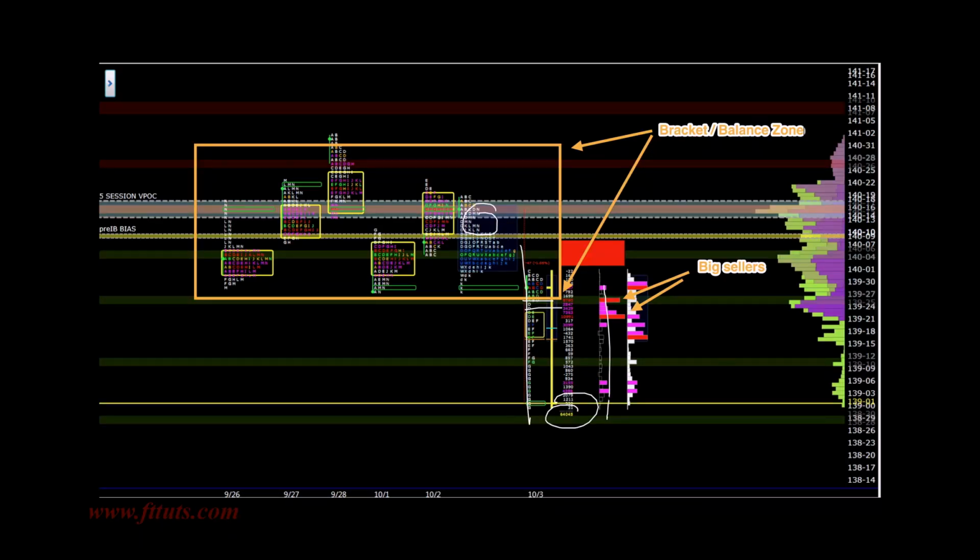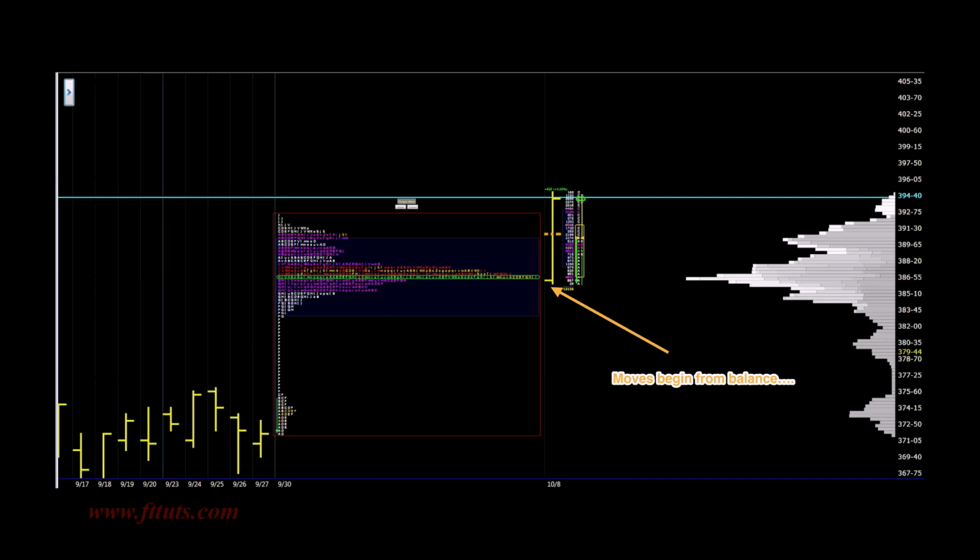And as long as we hold and start developing down here, we're accepting that move, and it is likely to continue. And again, when you go back, you'll always find that the move really started from that key composite area. Now, when you know that it may be breaking is when it breaks the top of that balance area.